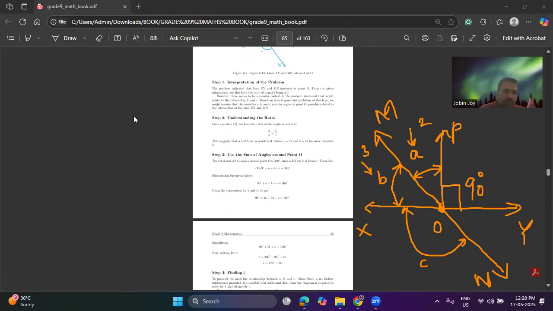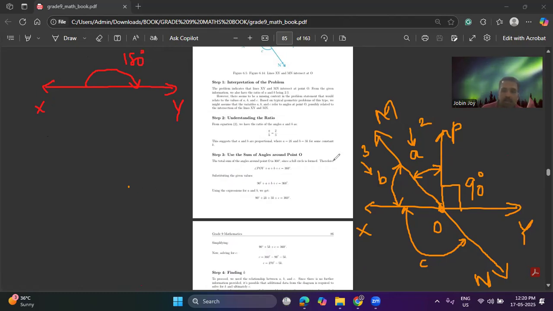So what I can do is, first I am taking the line XY. So take line XY, okay? So this is line XY. And we know that this total angle is equal to 180 degree because of the linear pair, right?